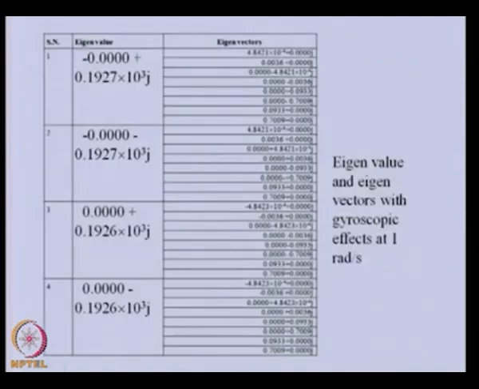And let us see how eigenvalue generally we will get. So this is for one element. So you can see that for one element, when we are considering the very low speed, that is omega nearly 0, you can see the eigenvalues, 4 sets of eigenvalues are same.